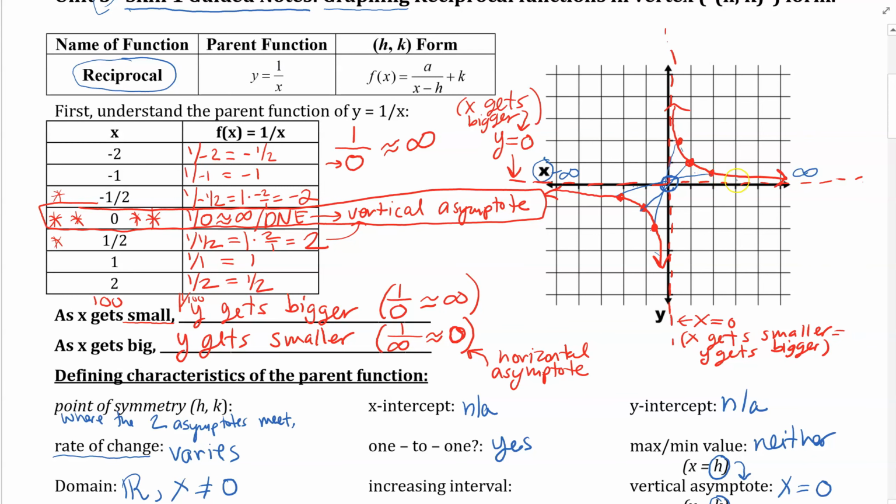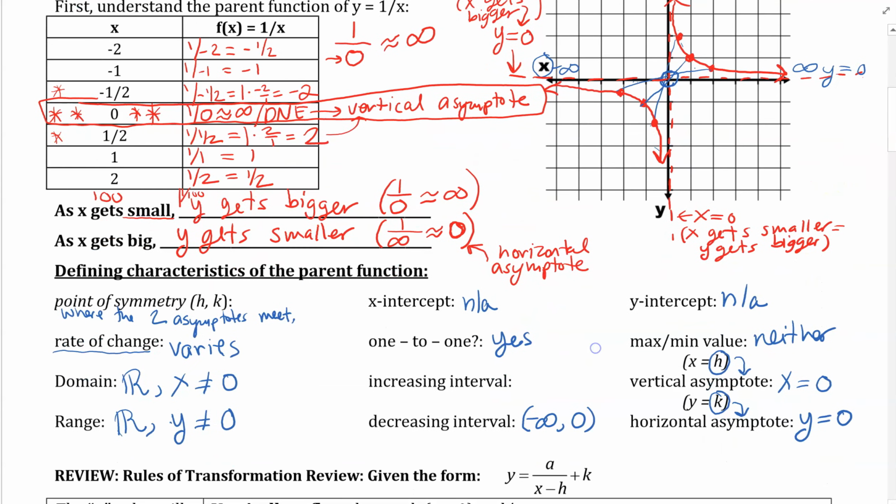They're getting closer to the x-axis, which is where y is 0. They're moving closer and closer to y is 0, which means technically they're decreasing the entire time. So there's a second interval for decreasing, and that starts at 0 and continues until infinity. And the function is basically never increasing.